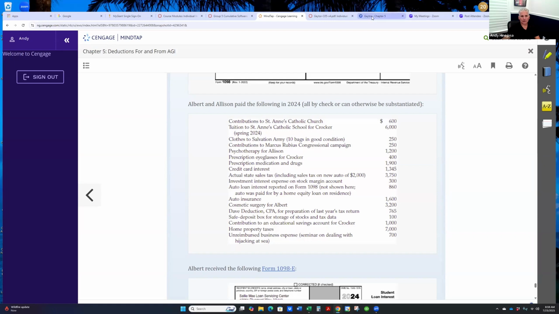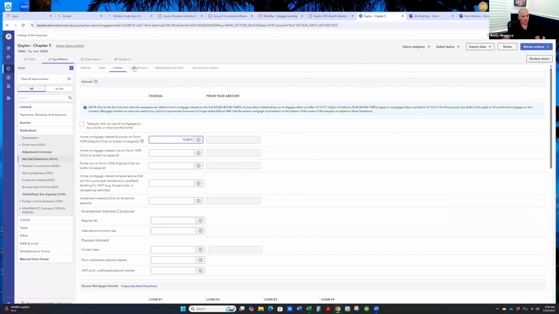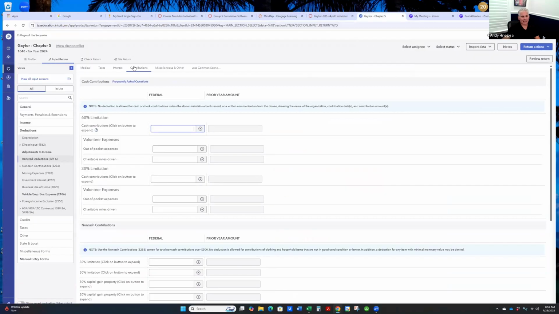Let's go to the tax return and look for contributions. Now that is a cash contribution. So at the very top, we'll see cash contributions. There's a 60% limitation in that you can only have cash contributions up to 60% of your AGI, your adjusted gross income. I don't think we're going to have any issues here, but the system can actually keep track of it, so we really don't have to worry much about it.